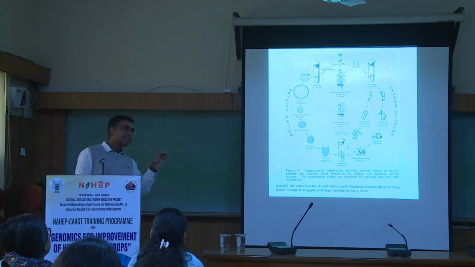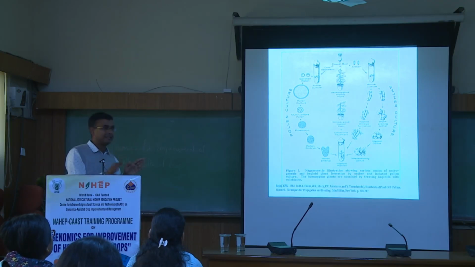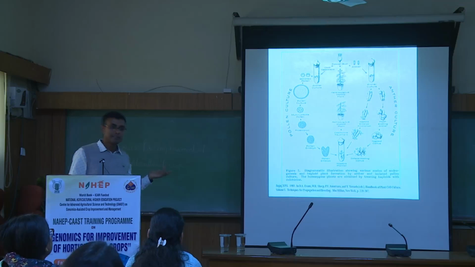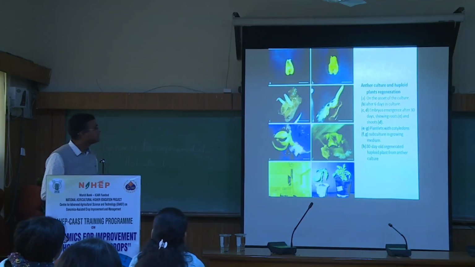And this switch from gametogenesis to sporogenesis is very, very critical. And this is crop specific as well as genotype specific, and you need to standardize this stage. If you can standardize how that switch happens, then you are successful in developing haploids. It is well established in case of the brassicas.